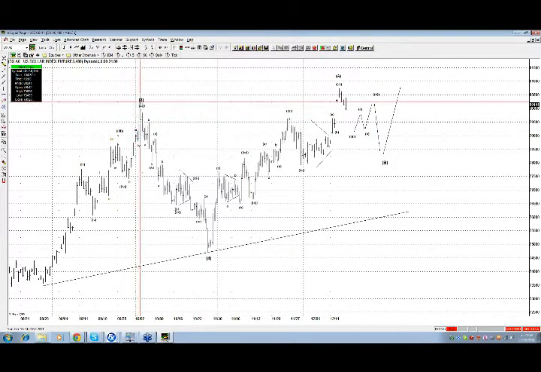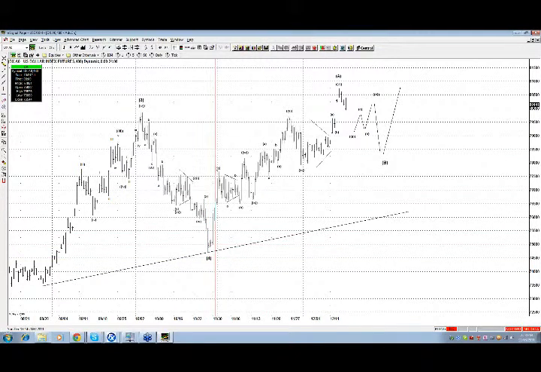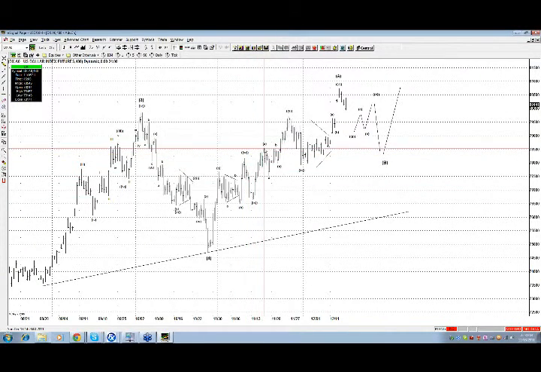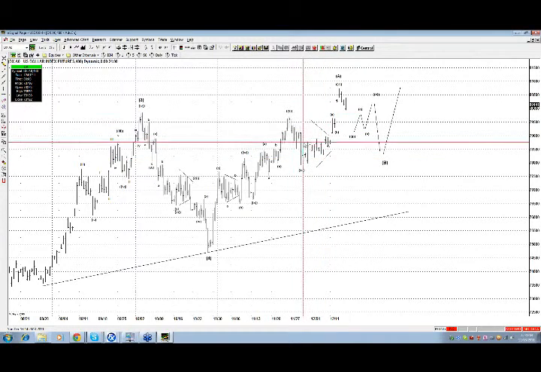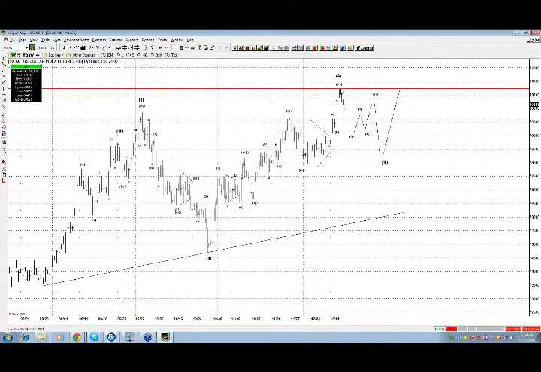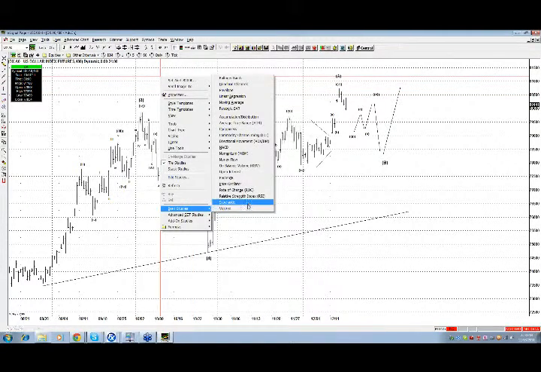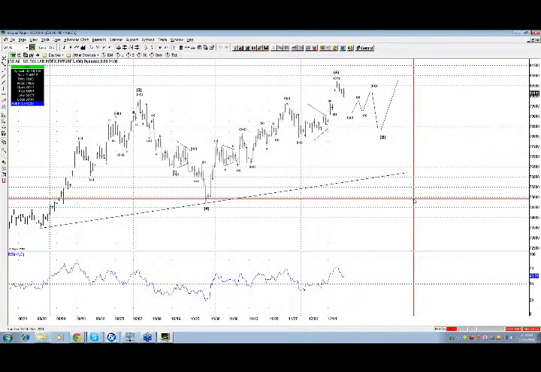Again, you got 3W, 4S, and then you have A, B, C, W, S, A, irregular 4, Z, W, S. This contracting triangle here in some degrees, A, B, C. This is the less likable. But well, we're going to be zooming in and we're going to see what we see.